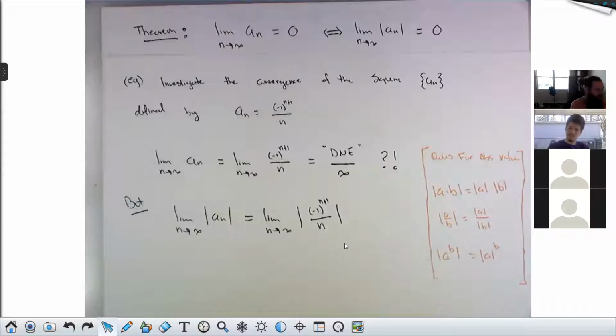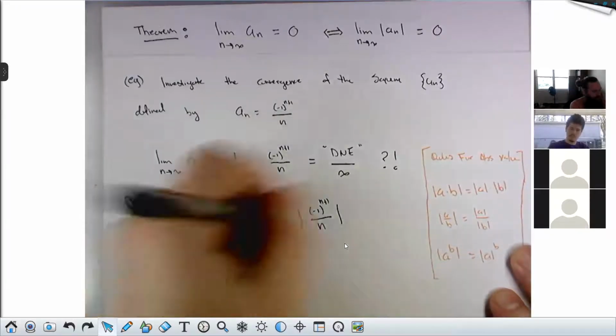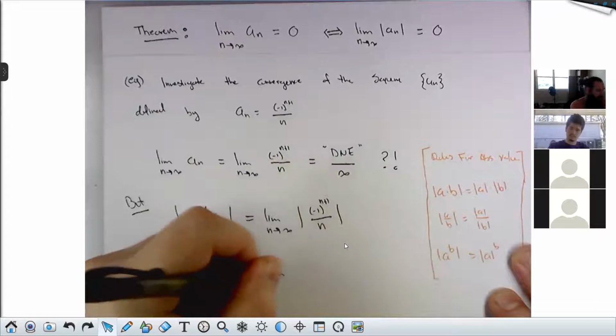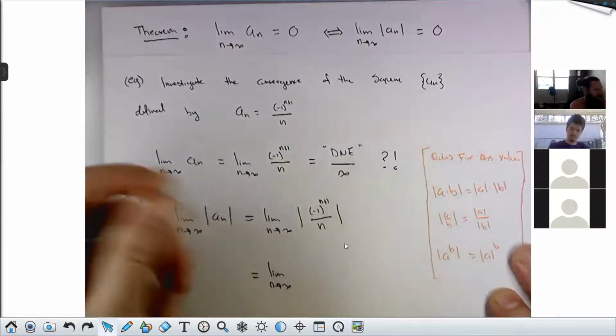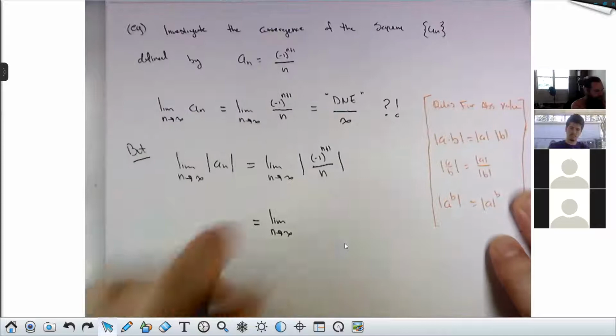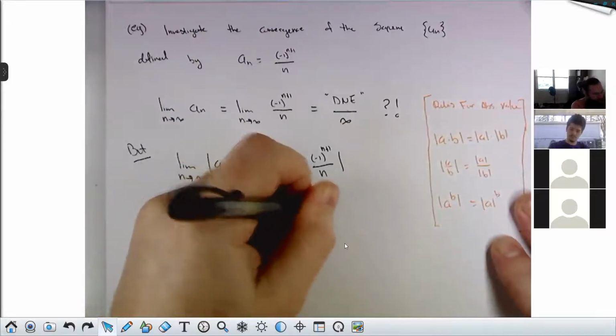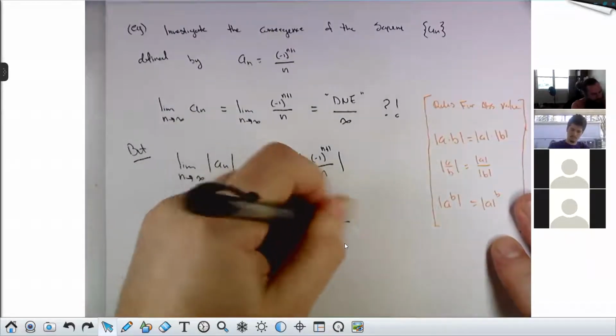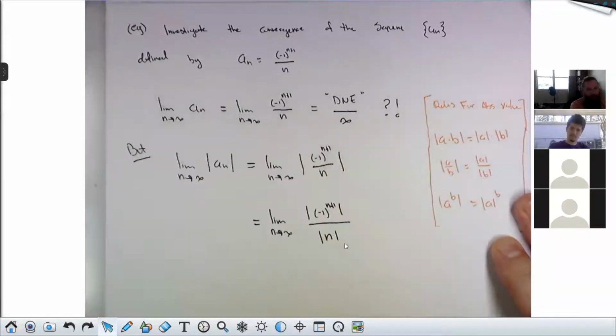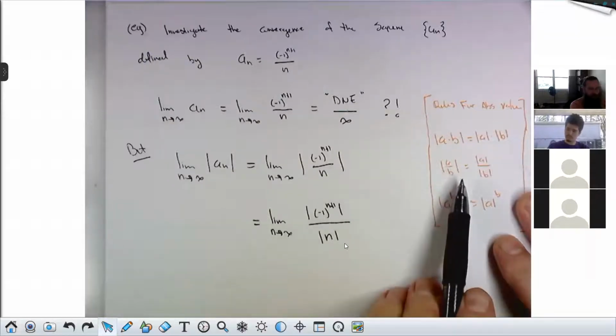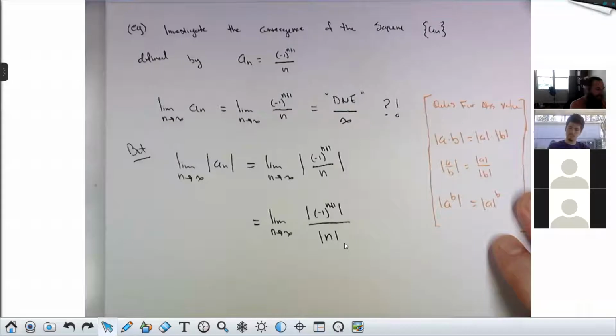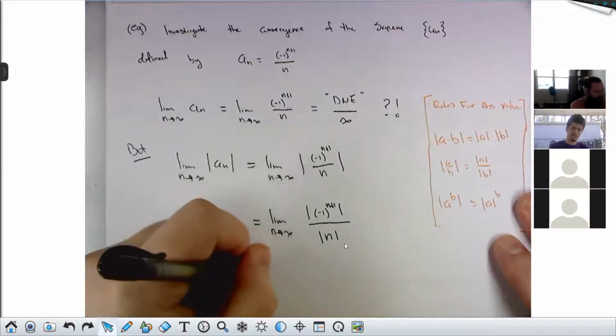This means I can start diving in here and picking this apart. I can say this is the limit as n goes to infinity of the absolute value of (-1)^(n+1) divided by the absolute value of n, using this second rule. n is going to positive infinity, so the absolute value of n downstairs is just n. n is certainly a positive number.